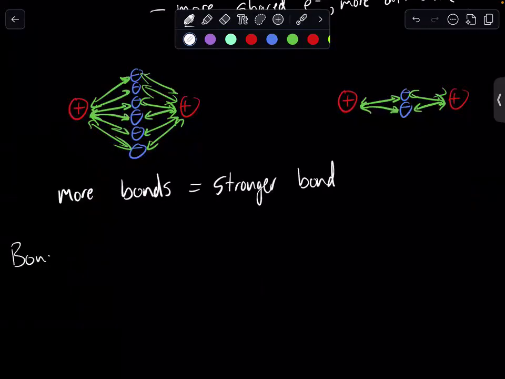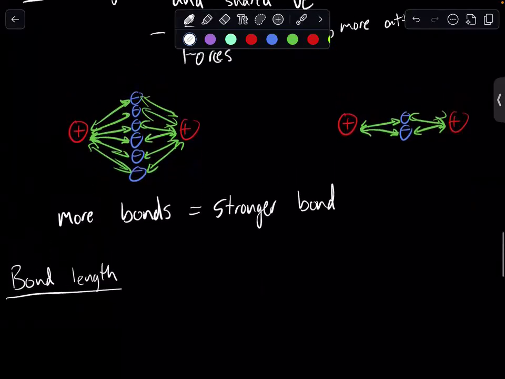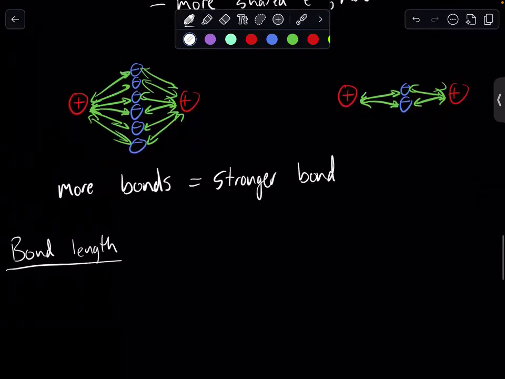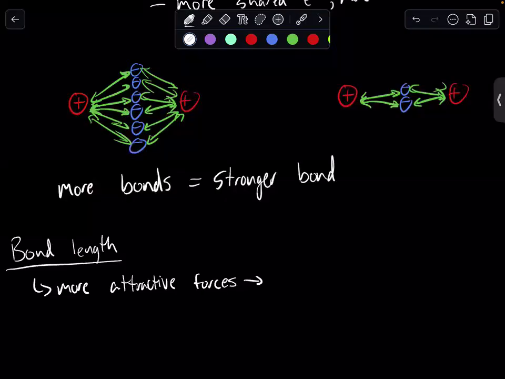The other property we're going to look at is bond length. Generally, when we look at things like atomic radius, which we already noticed, a smaller atom has more attractive forces. And the same thing here. If we have more attractive forces, we can hold closer together.